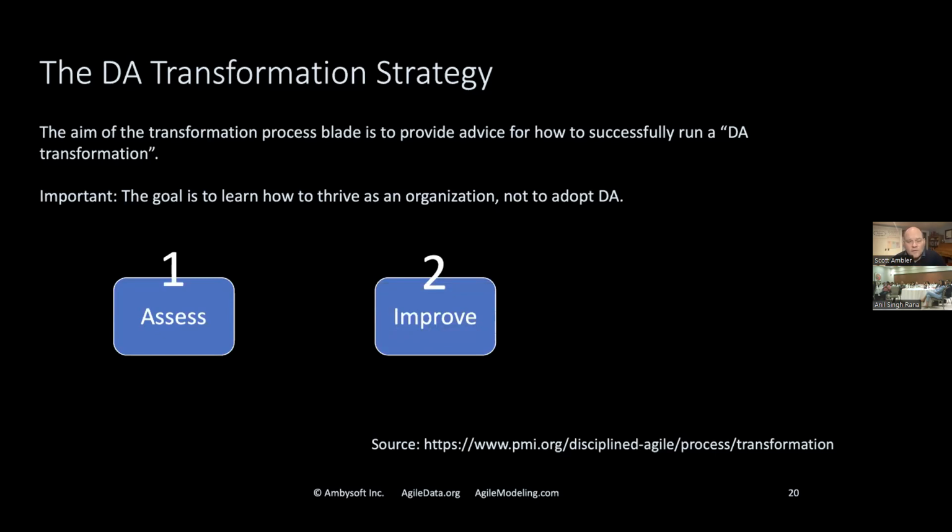The critical thing is to learn how to learn how to get better, because you really want to get to the point where you're thriving as an organization. And this will take many years. The reason why this is three steps is that the second step depends on where you are. The way that an organization new to Agile will improve is very different than an organization that's been doing Scrum for 10 years, which is different yet again than an organization that's been doing SAFe for a few years.